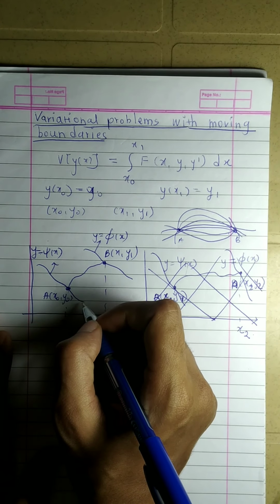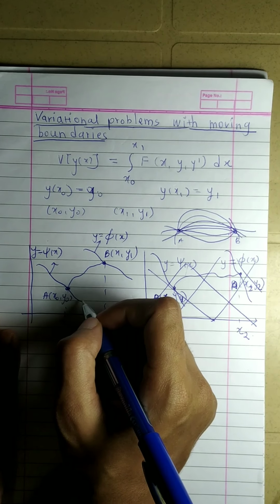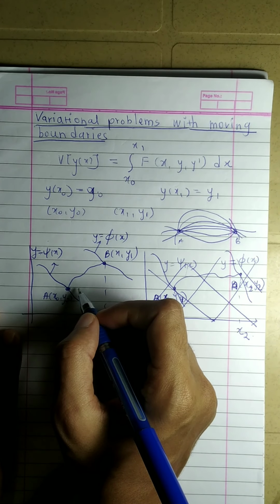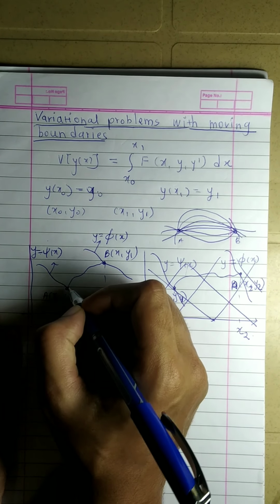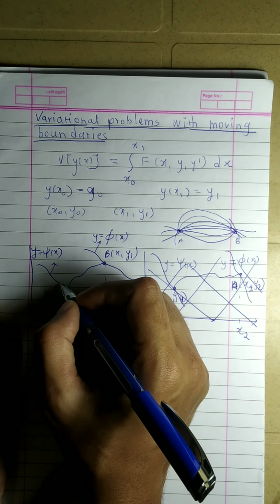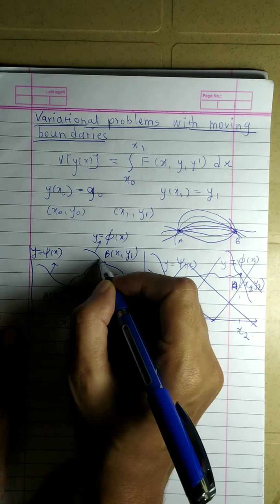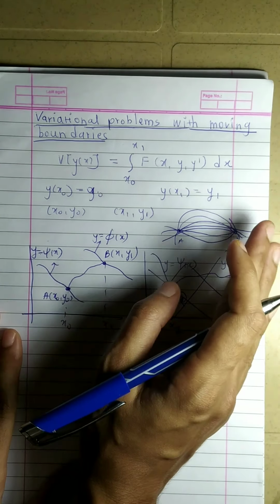Then I want to find out that curve such that the distance between these two is the minimum one.